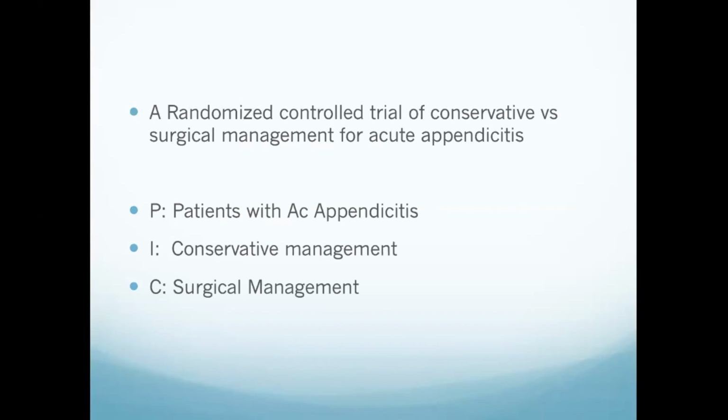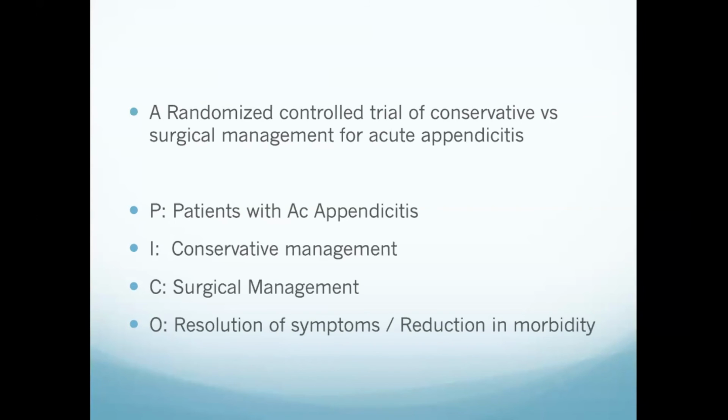The comparator, as I said, is surgical management. So you've got patients with acute appendicitis. You want to intervene with conservative management, and you want to compare it with the standard surgical management. And the outcome is resolution of symptoms or reduction in morbidity. This is how you devise your methodology based on the PICOT criteria.